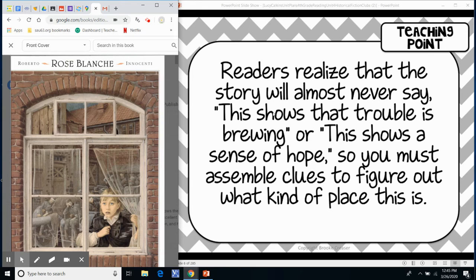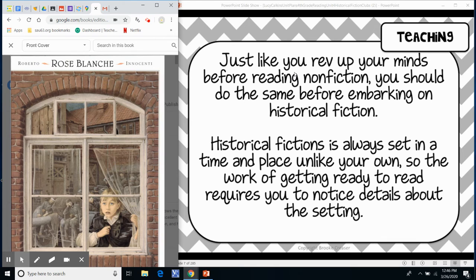So you must assemble clues to figure out what kind of place this is. You're becoming a detective, and you're looking to find in the story what the author is writing and using those clues to figure out what is happening and what time, what's the setting of this story.